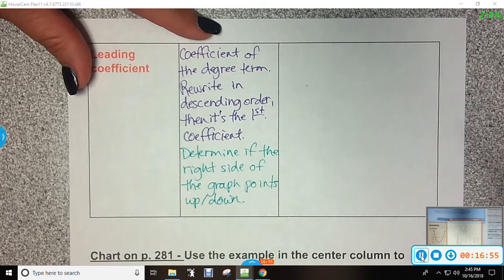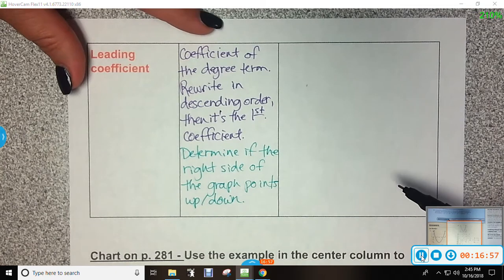Alright, the examples we're going to use are the same ones we've used for the last two.